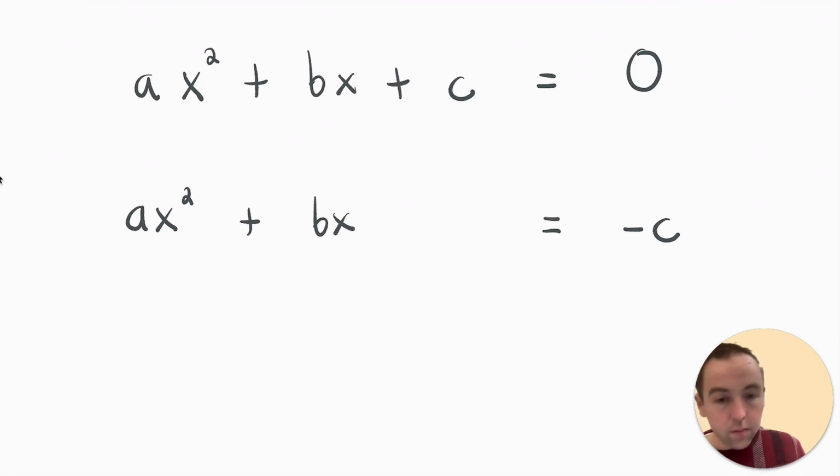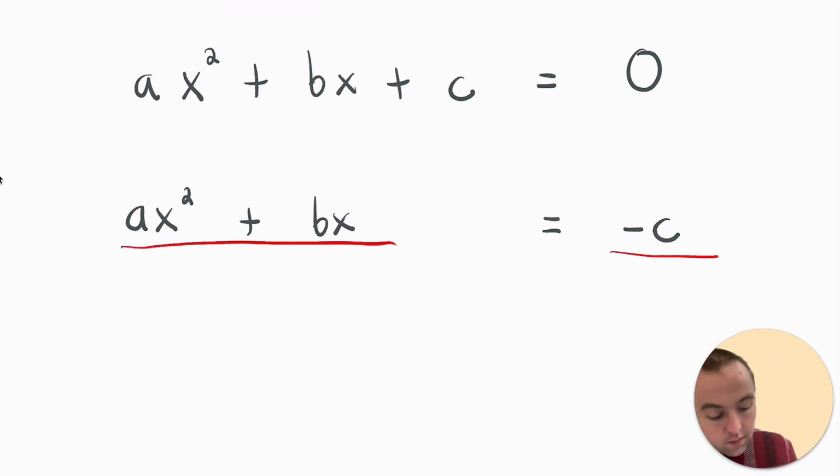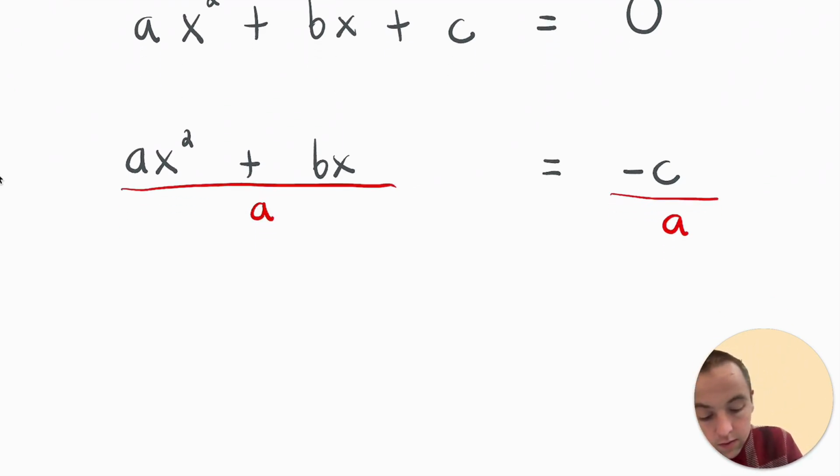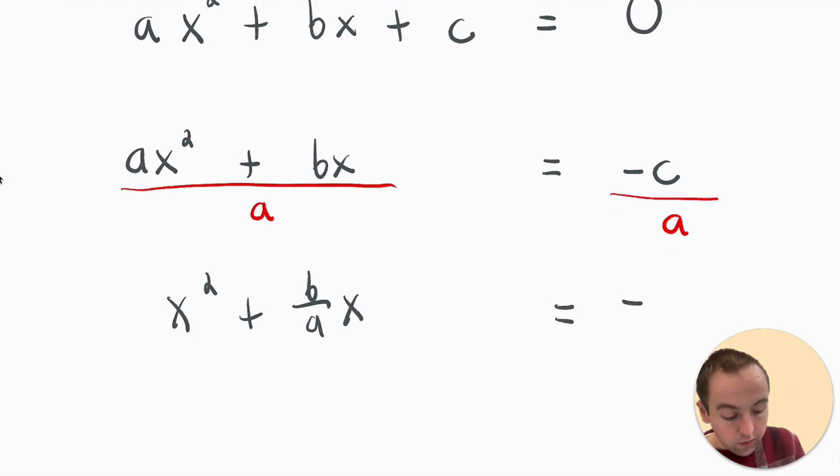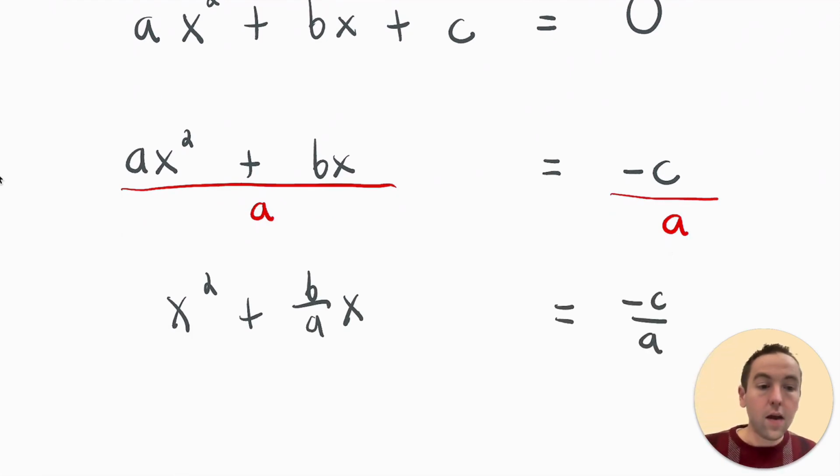In order to complete the square, it's easiest if the number in front of the x squared is a 1. So to make it a 1, I'm going to do the same thing to both sides of the equation by dividing by a to get just 1x squared. And then we would get b over a x, and that's going to be equal to negative c over a.